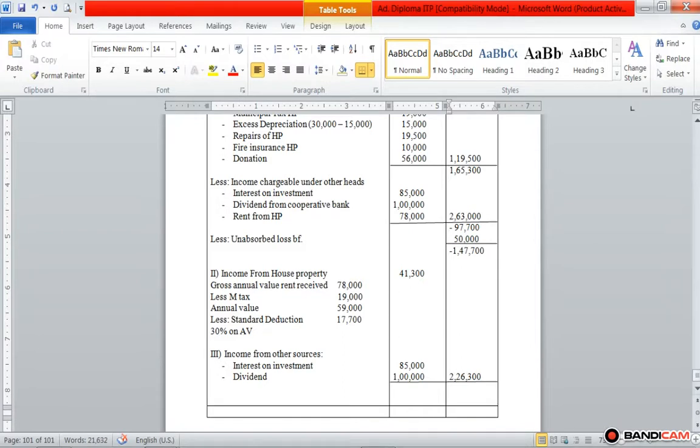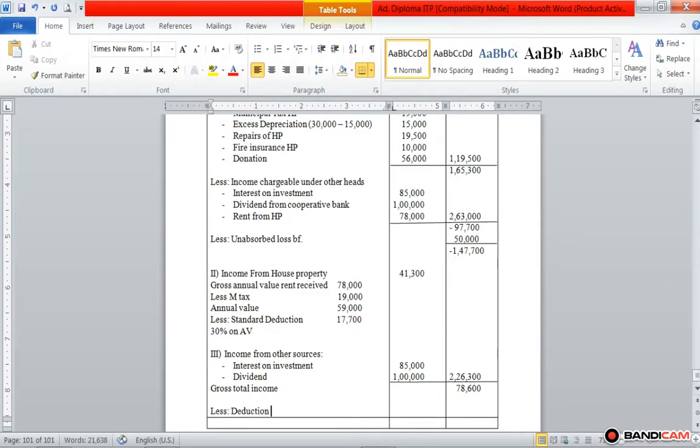So here we get the gross total income amounting to rupees 78,600.